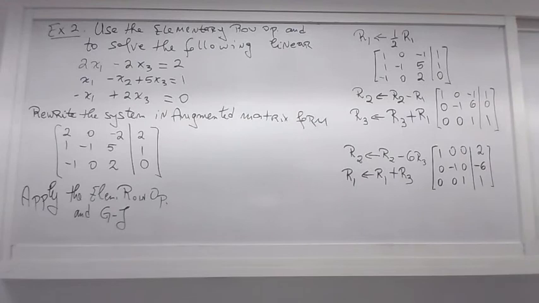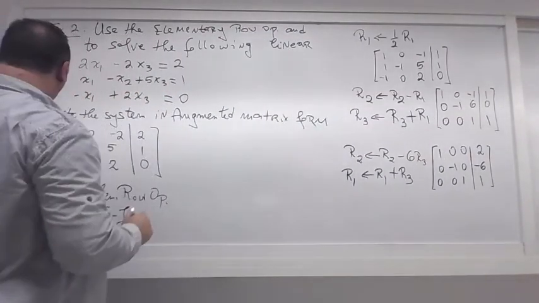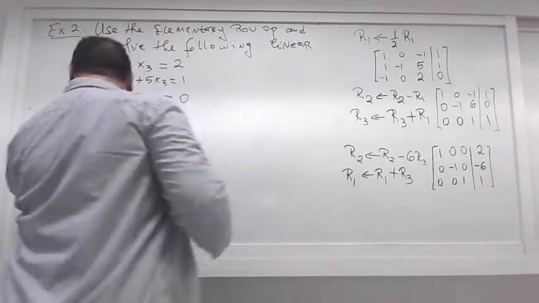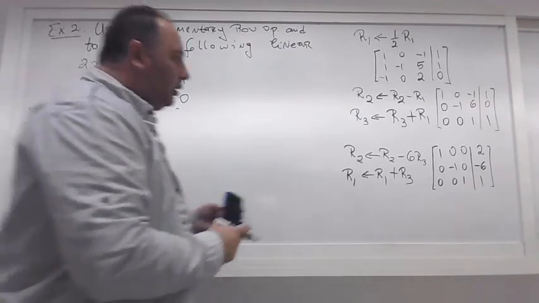So now, what do I do? Well, I have minus 1 here and minus 6, so I'm going to multiply the row 2 by minus 1. Why? Well, that's part of the Gauss-Jordan process.